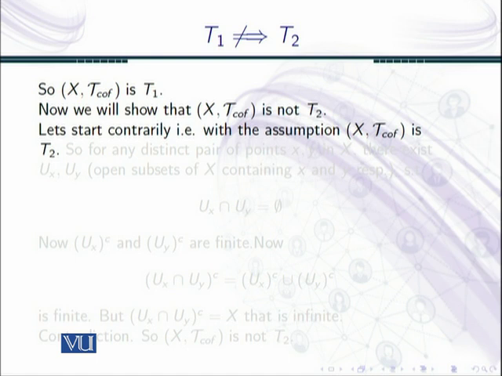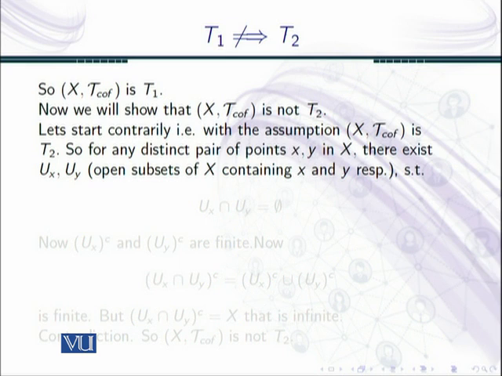So for every distinct pair of points x, y, we have Ux and Uy containing x and y respectively, such that Ux intersection Uy is empty. So we have this one.